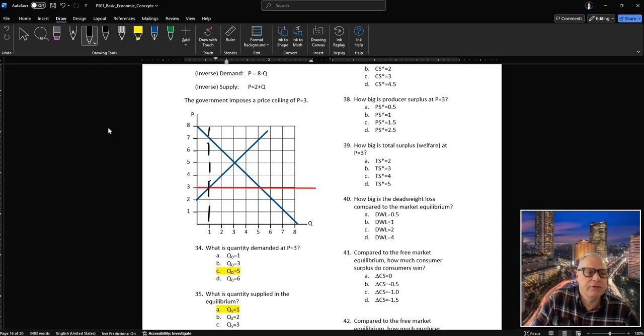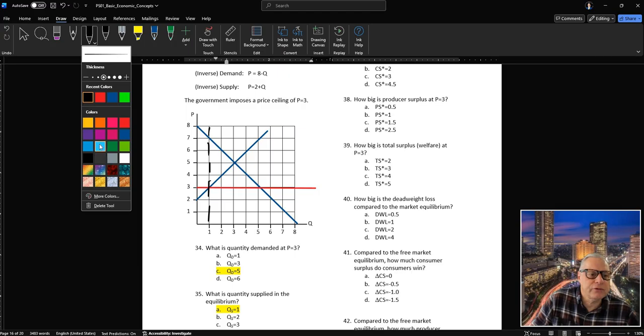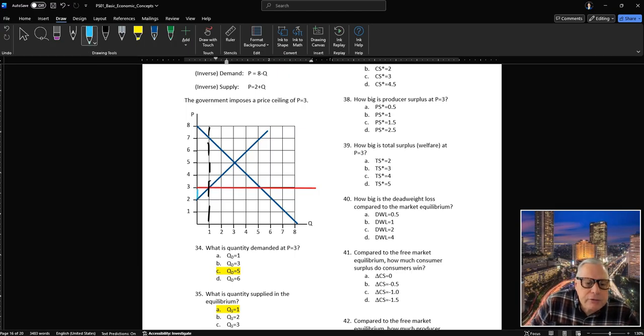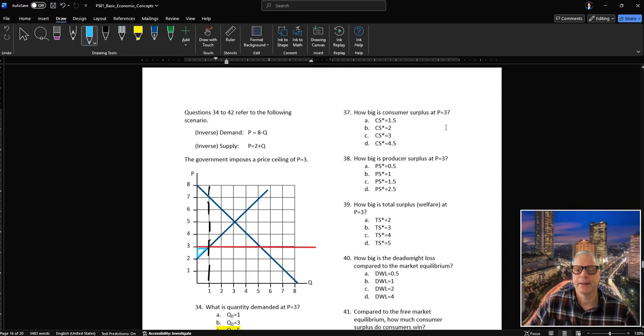Okay, so now we can see we have only this super small area here, which is producer surplus, which is 0.5.